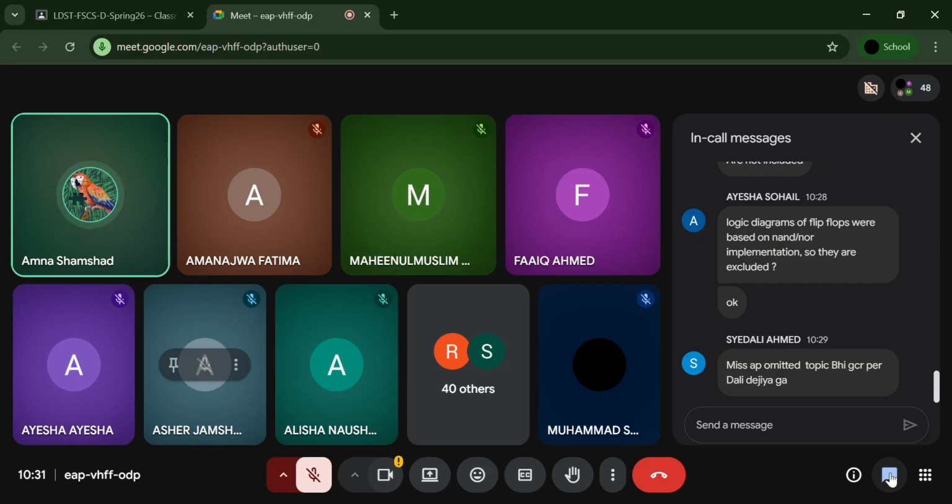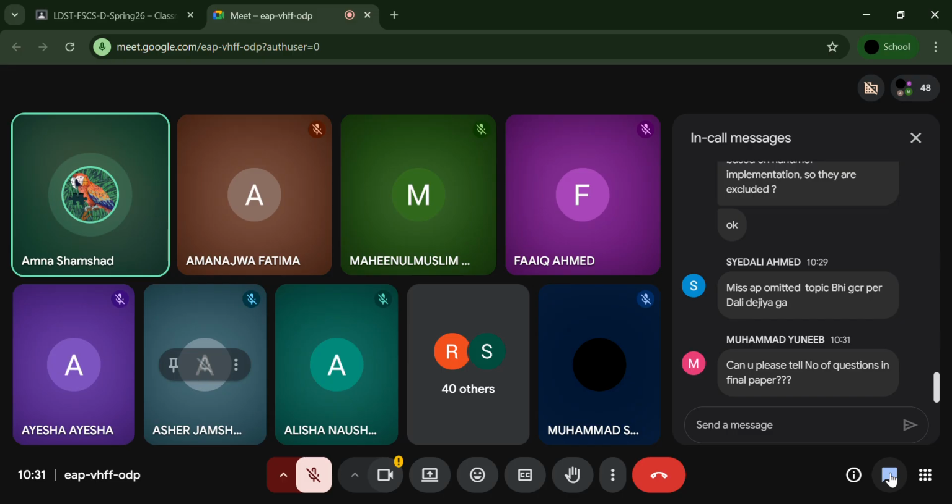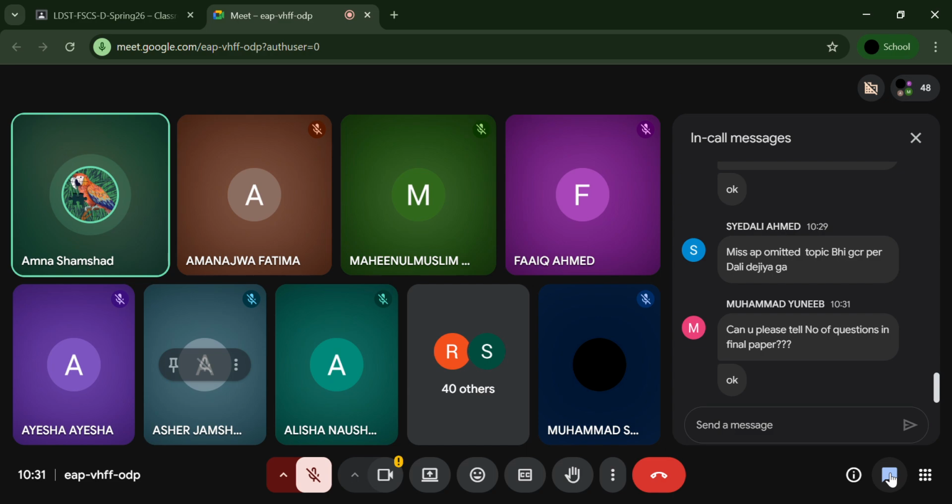Then we have the last topics. The second last topic is basically the state machines, that is the finite state machine. Okay, Uni, after this topic list. In finite state machines, we have two types, Moore and Mealy. What is basically a finite state machine? What is Moore, Mealy? How do we convert the diagram into a table or table into a diagram?